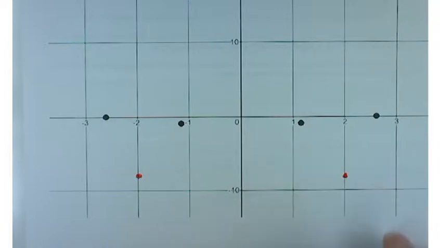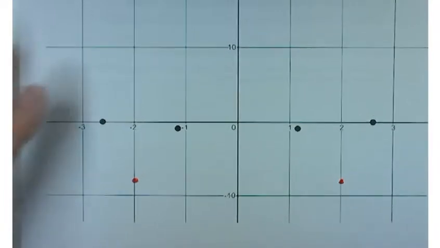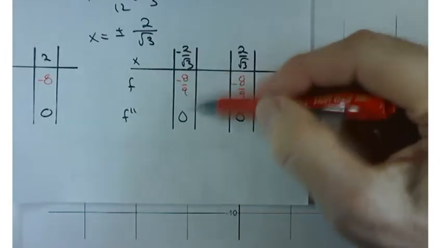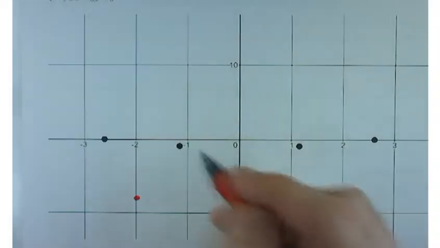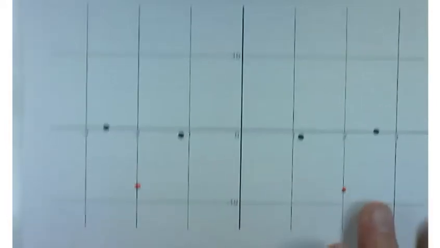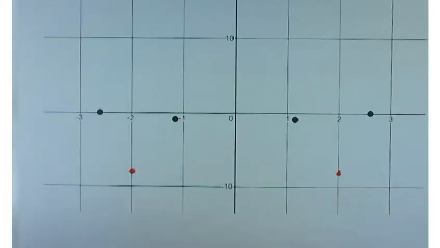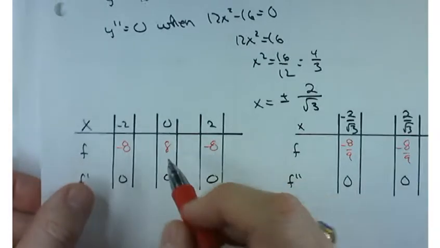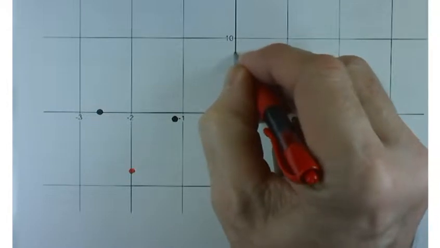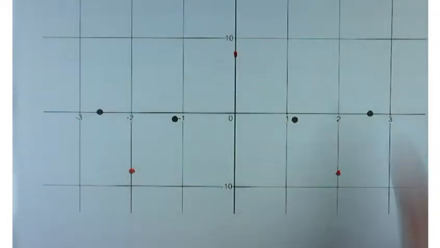It's going to be about there. Now your other 2 points here, these possible inflection points, they're already graphed for you. Those are here and here. So those points are graphed. There's one last point that I should put in here, and that's 0 and 8. That's going to go up about here. About 4/5 of the way between 0 and 10.